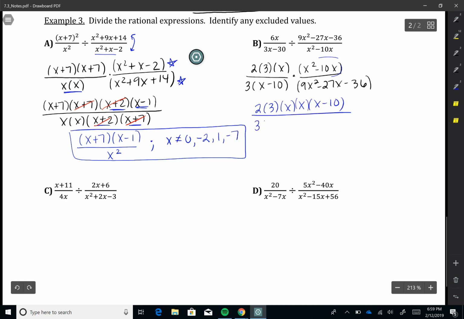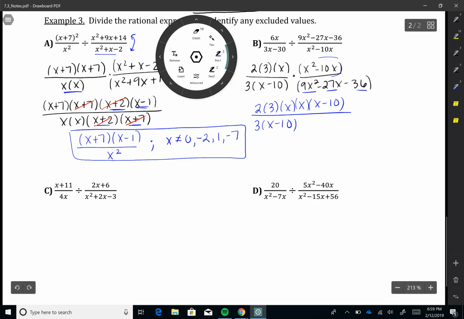In the denominator, we have 3 times (x minus 10). But if we look at this trinomial, 9, 27, and 36 all have a common factor of 9. So if I take that 9 out, I'm going to write this next to it just so I don't have to do a whole other line of work. If I take a 9 out of all those, divide each by 9, that's going to leave me with x squared minus 3x minus 4.